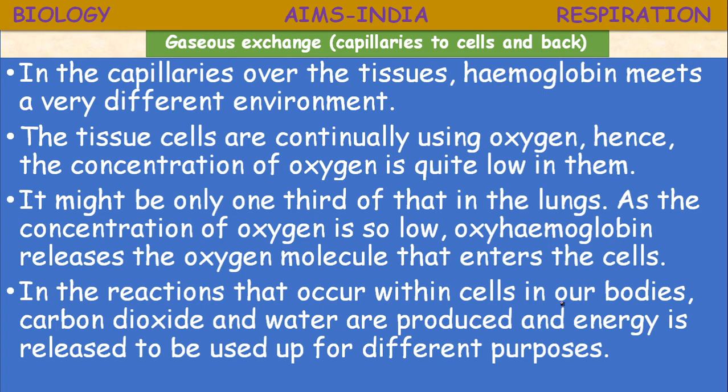During that process, the bonds are broken and the energy is released to be used for different purposes. Okay, children, this is the gaseous exchange in the capillaries to the cells and back.